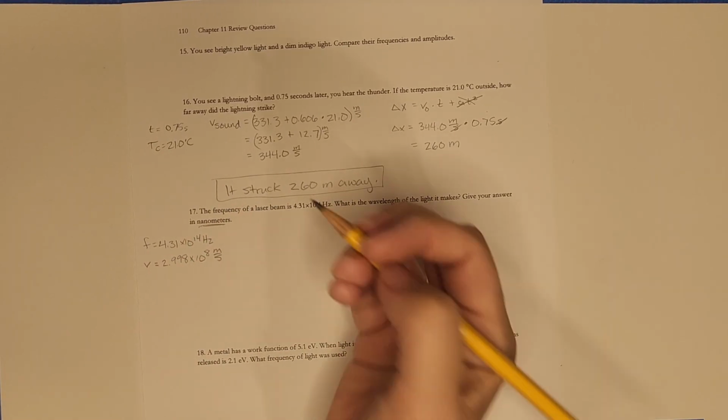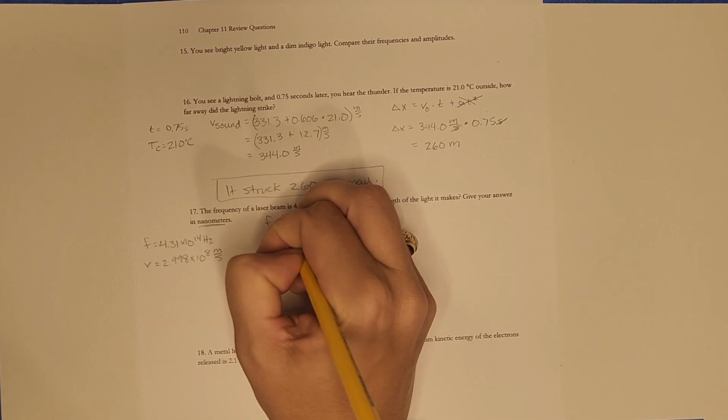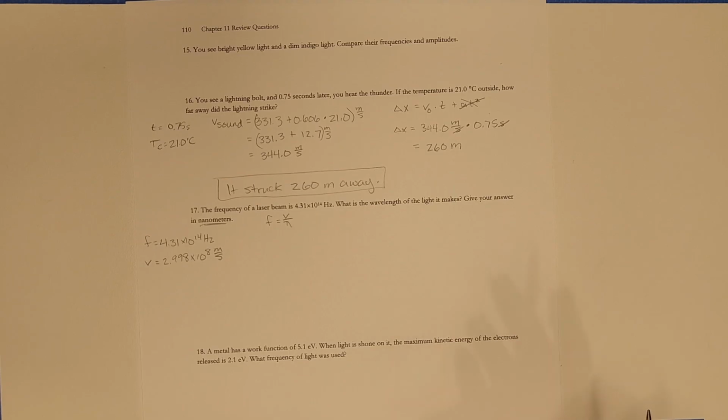Okay, and so now using our frequency equals velocity divided by wavelength, we can determine what the wavelength is.